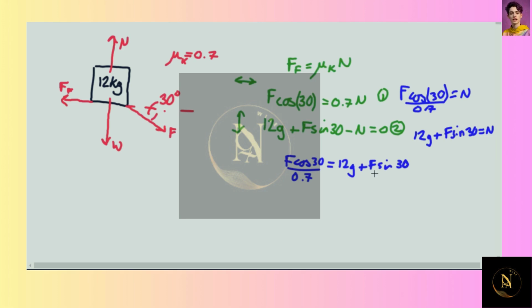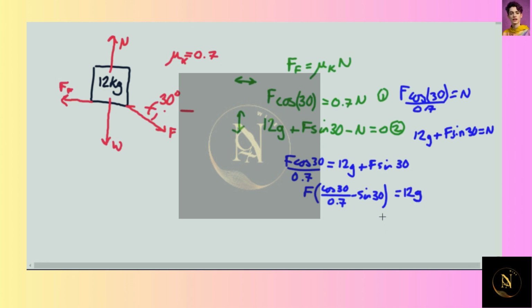And what does this mean? Well, we take over the F sine 30 to the left-hand side and factorize out the F, leaving us with F in brackets cosine 30 over 0.7 minus sine 30. And this is going to be equal to 12g.